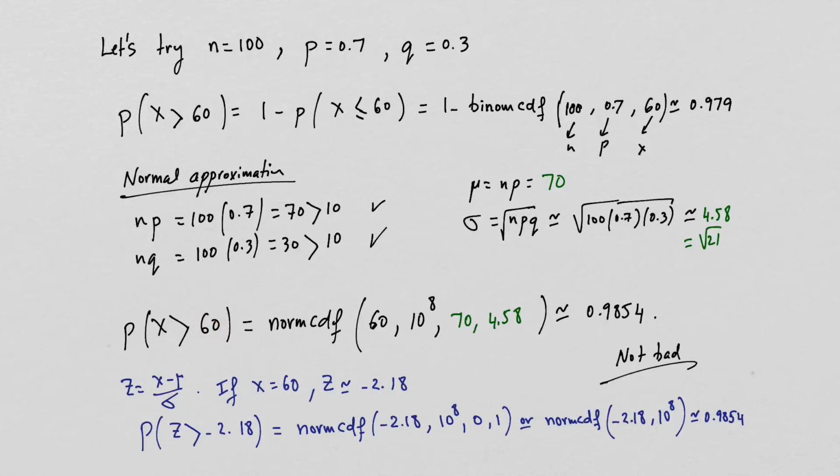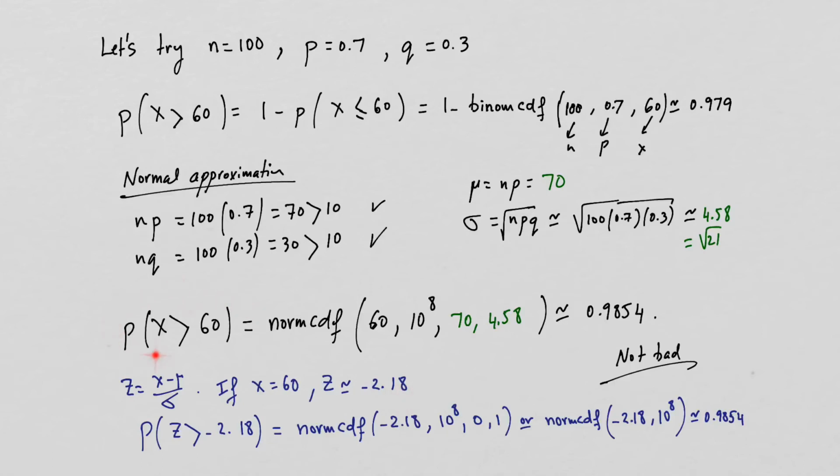Well, if x is 60, we know mu is 70, and we know the standard deviation is 4.58. If I plug in 60 minus 70, divided by 4.58, the corresponding z-score is negative 2.18.